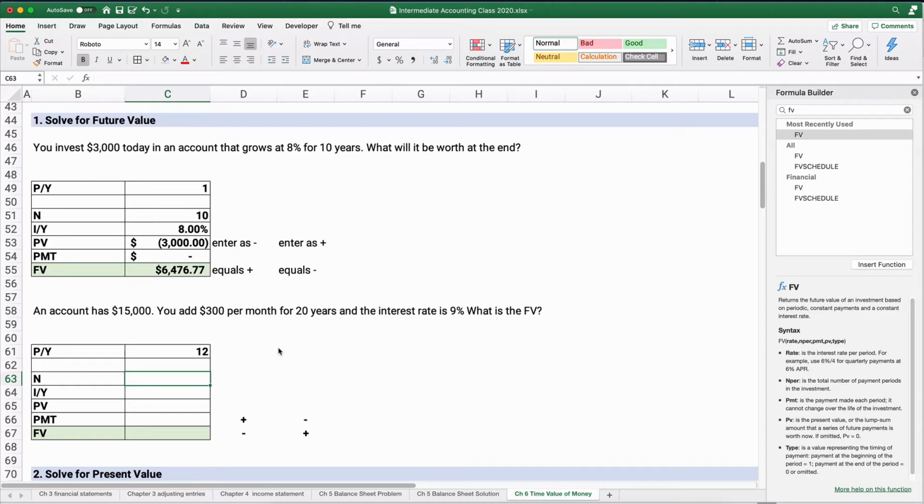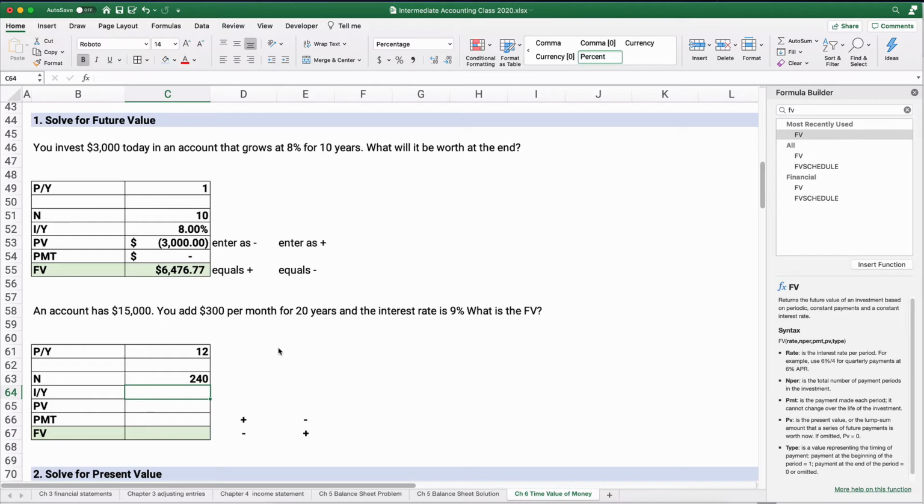So what is the number of periods? Do we put 20 here? No, we do not. I'm going to calculate it just so you can see it more visually: 20 years times 12. This is a monthly problem, so the number of months is 240.